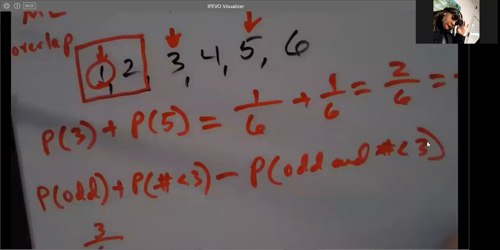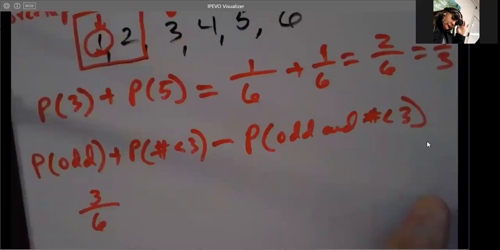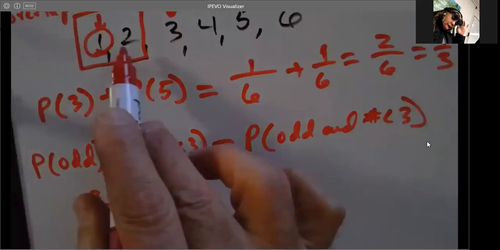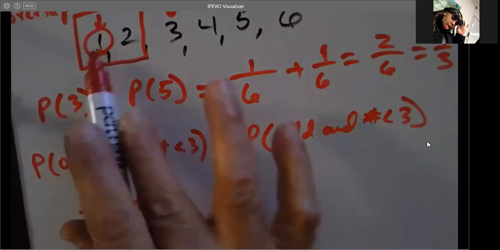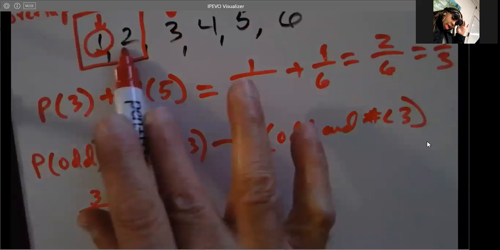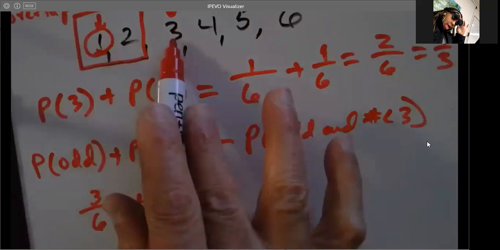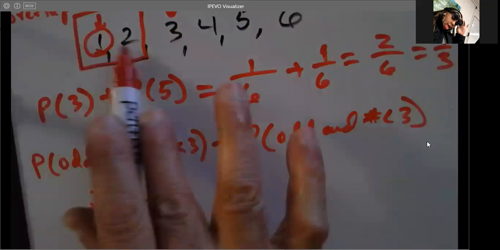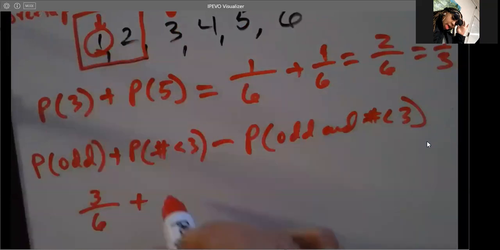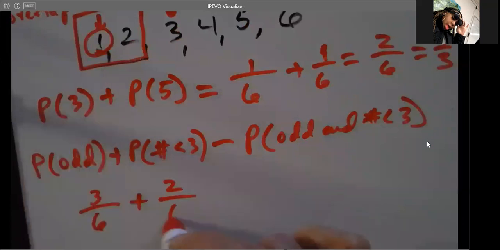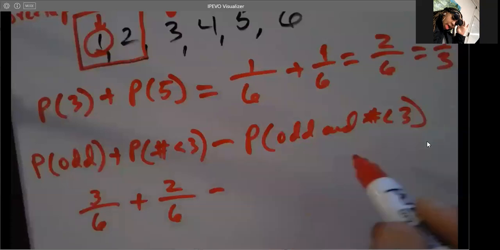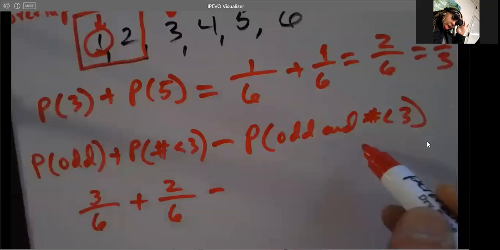So that's 3 over 6 odd numbers on a dice. How many numbers are less than 3 on a dice? Just 1 and 2, right? So it'd be 2 over a total of 6, minus the probability of odd and a number less than 3.